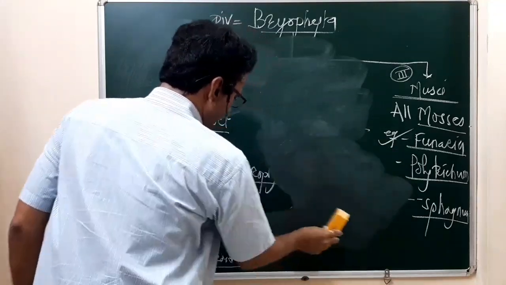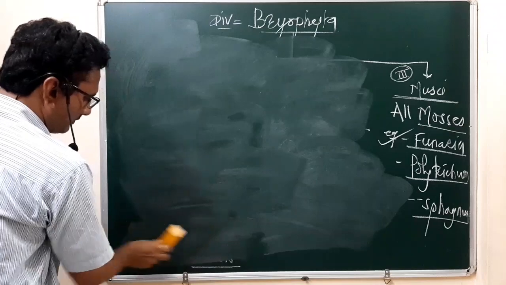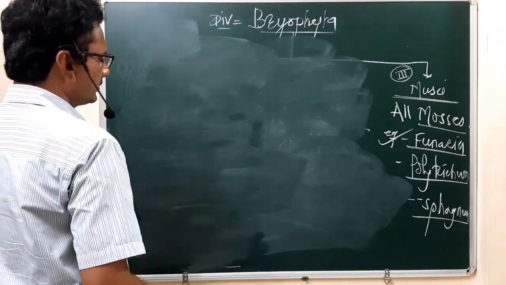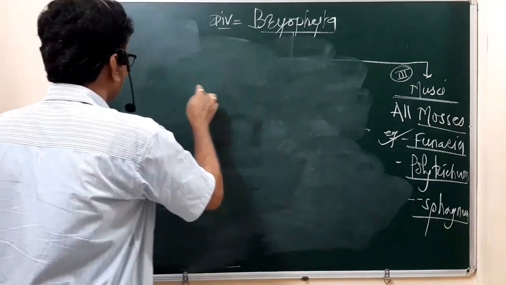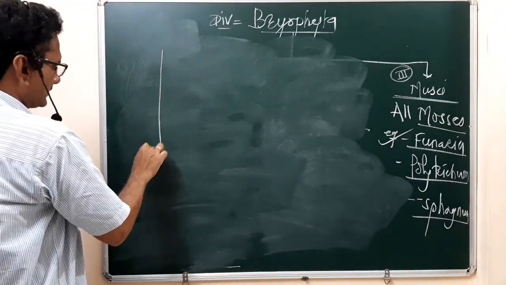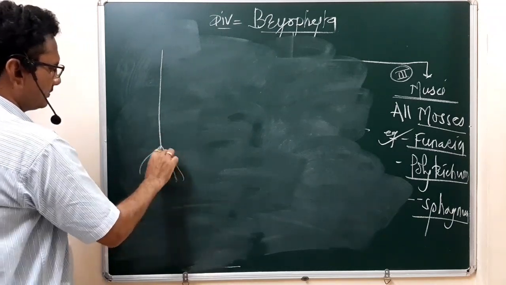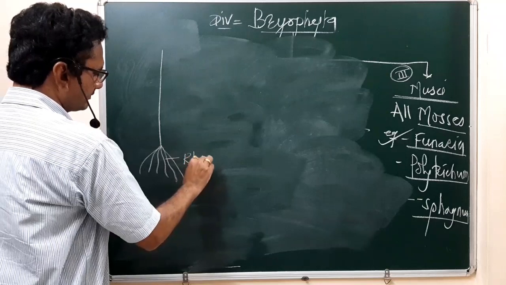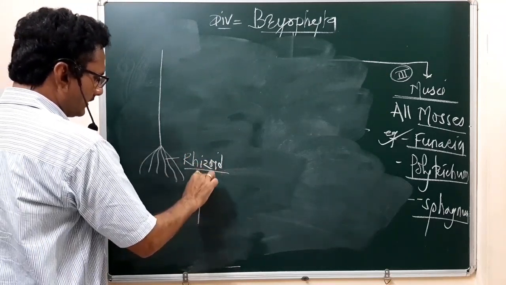See, students, how the plant body is evolved as compared to the Hepaticae and the Anthocerotae. In Funaria, the plant body shows a type of structure. Okay, it has the central axis. They show rhizoids at the base, and those rhizoids are multicellular.